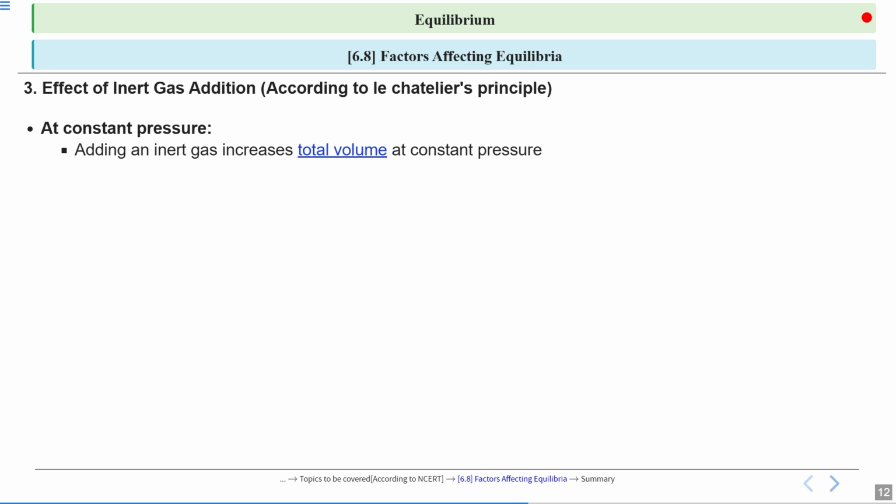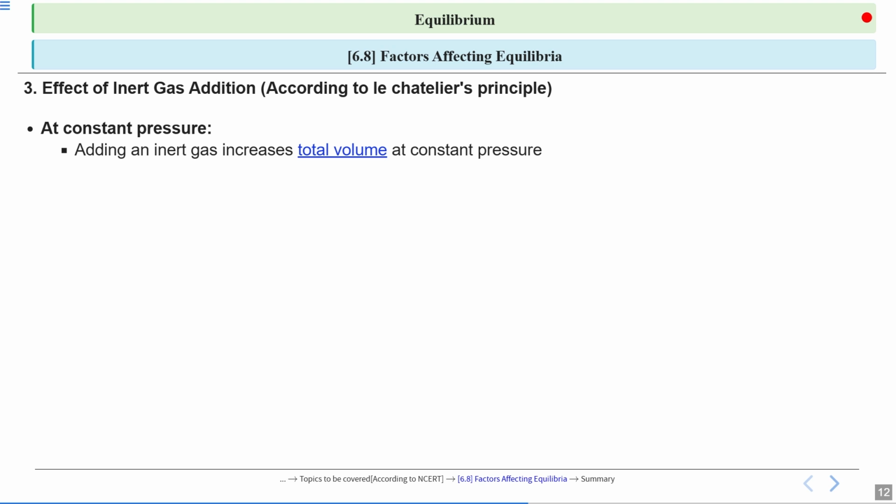So if you are adding an inert gas in such a way that the total volume is increasing and the pressure is remaining constant, that is the only way you can do the addition, because if you want to keep the pressure constant, you have to increase the volume if you are adding more number of moles.